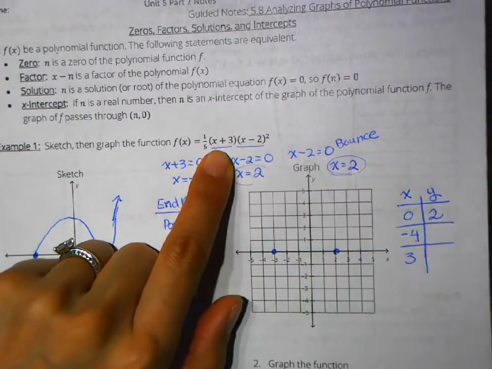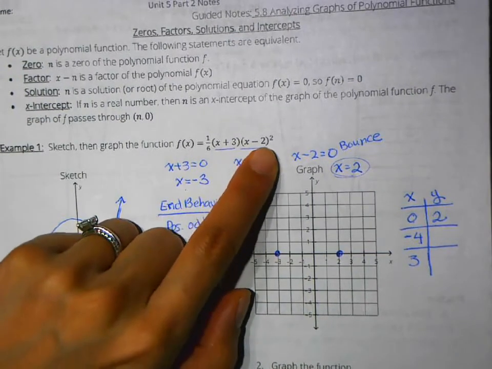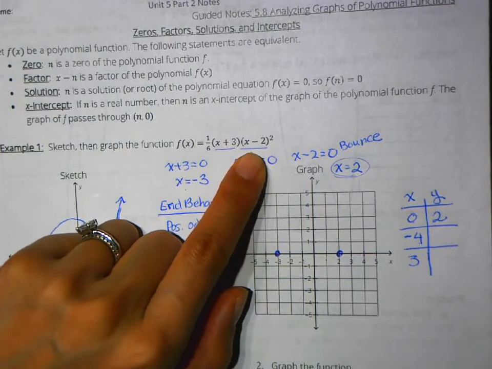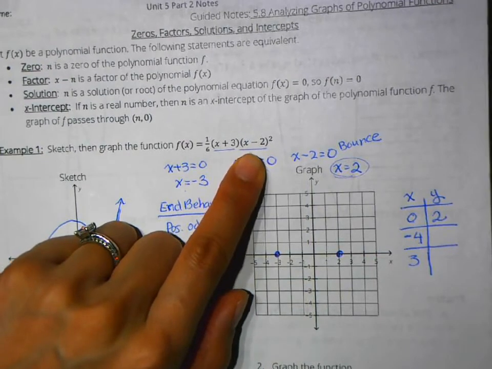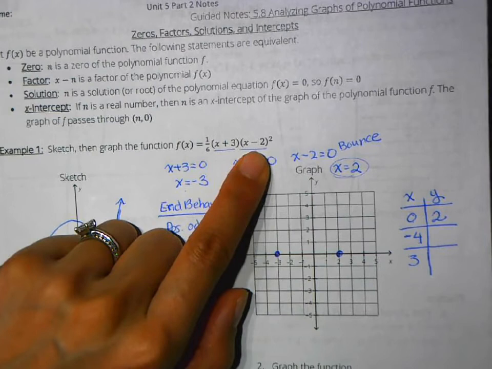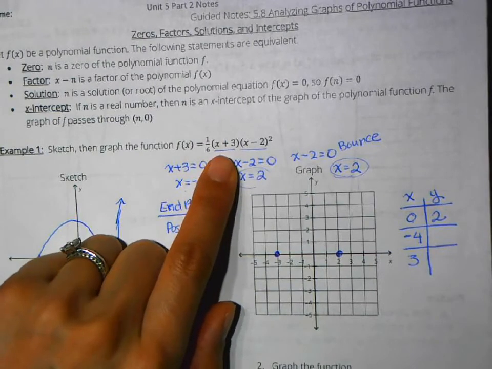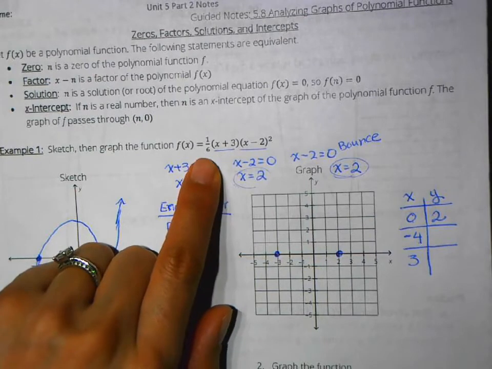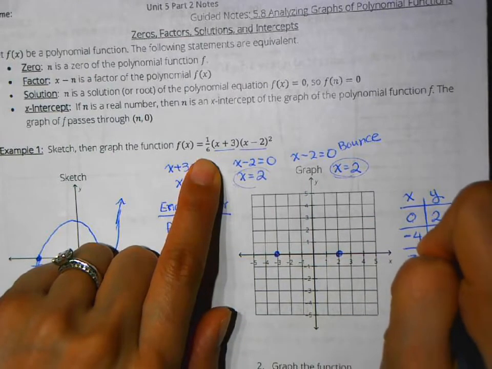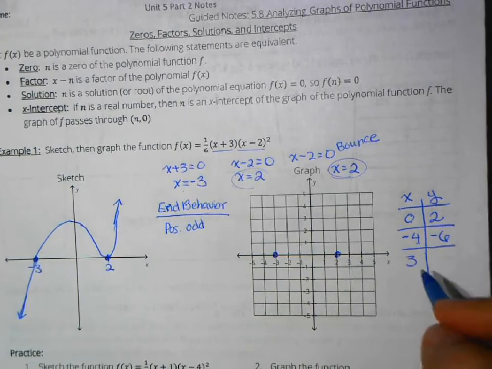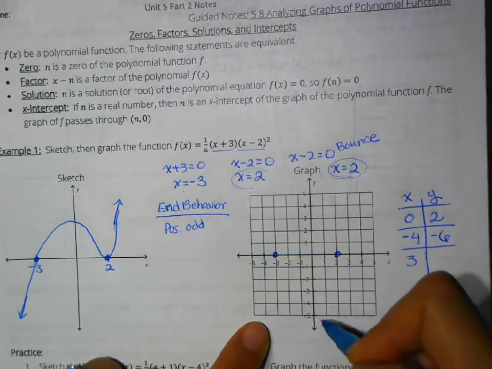Negative 4 plus 3 is negative 1. Negative 4 minus 2 is negative 6. So we have negative 6 squared is 36. 36 times negative 1 is negative 36. Negative 36 divided by 6 is negative 6. So at negative 4, it'll be at negative 6.